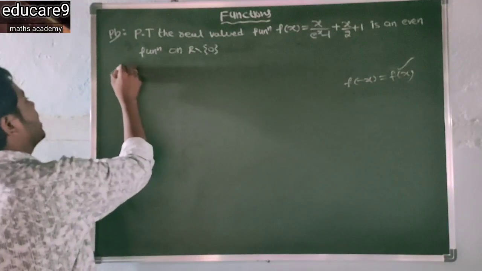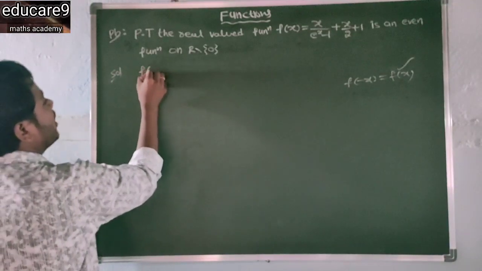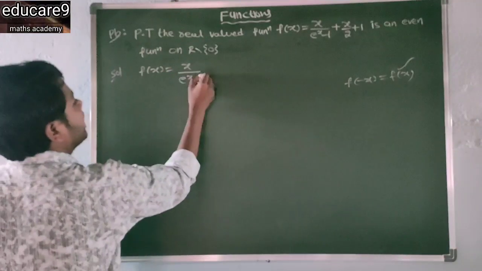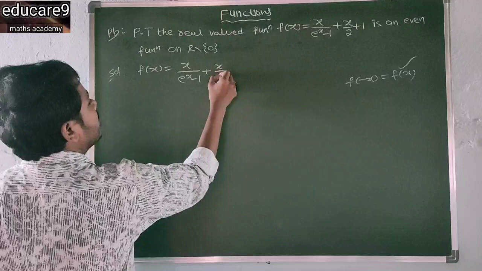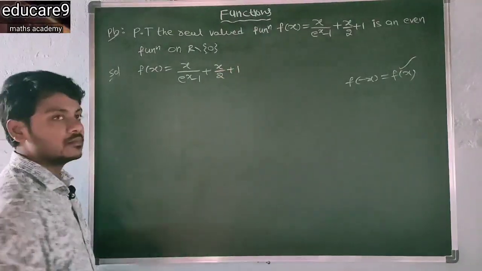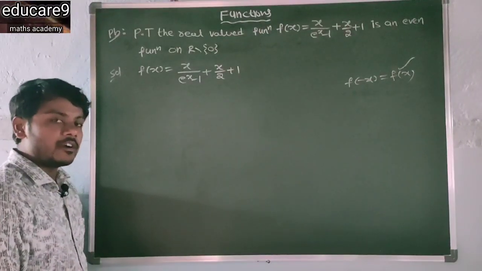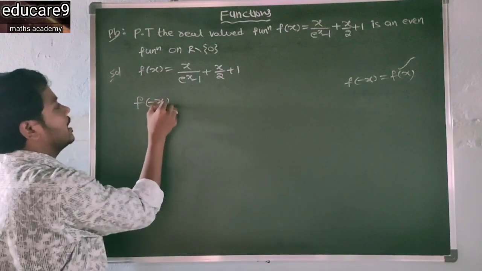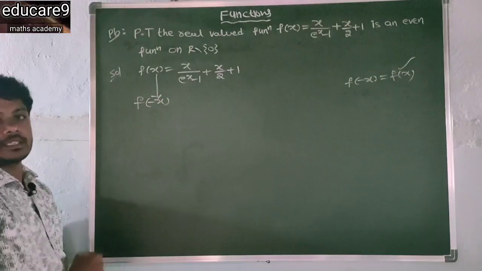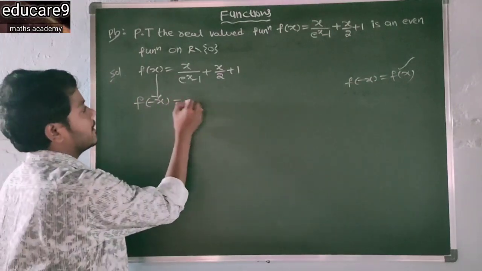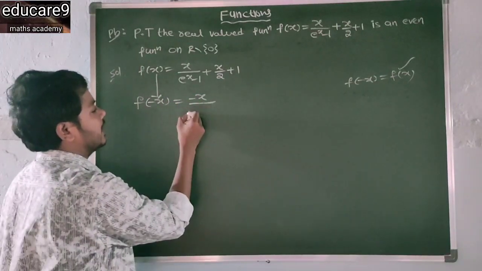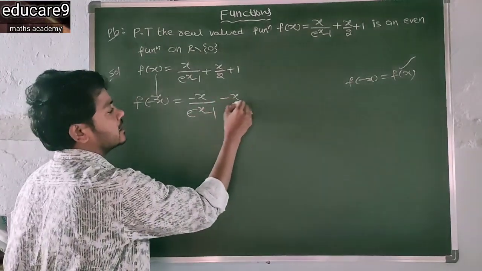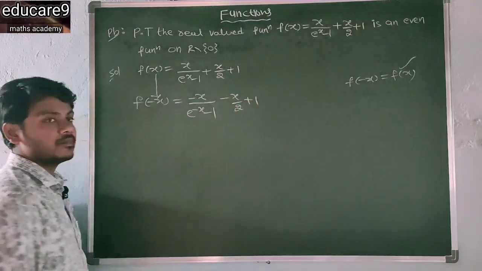So see the solution. F of x is equal to x by e power x minus 1 plus x by 2 plus 1. Now consider f of minus x. So here replace x by minus x. So what you get? Minus x divided by e power minus x minus 1 minus x by 2 plus 1.